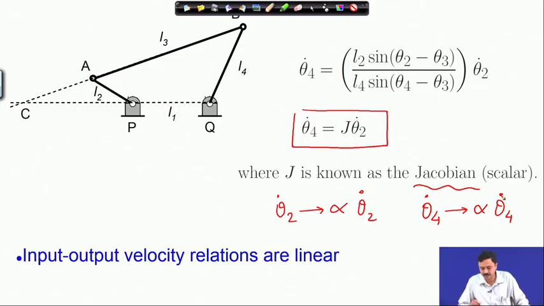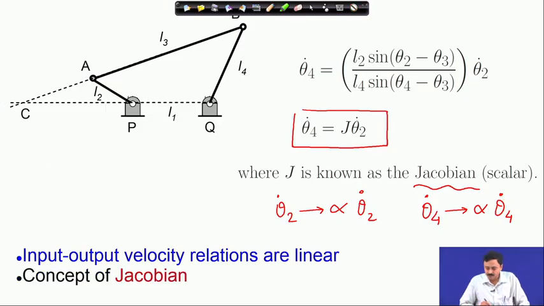So, this relation is linear, but remember that in displacement analysis the relation between theta 2 and theta 4 was highly nonlinear, through those trigonometric functions. But the input output velocities are linearly related. And we have introduced this concept of Jacobian, which will be very useful, and we will continue discussing it. This is very useful in the case of robotics as well. You will come across the Jacobian in robot kinematics, which we will discuss in the subsequent lectures.